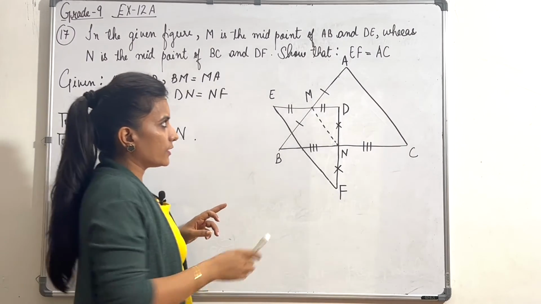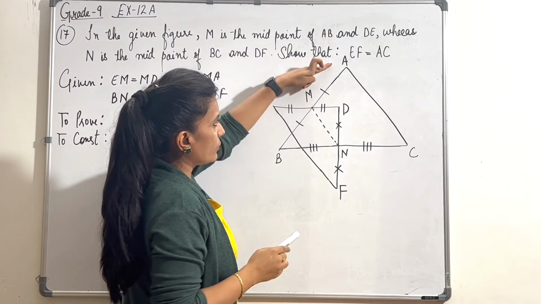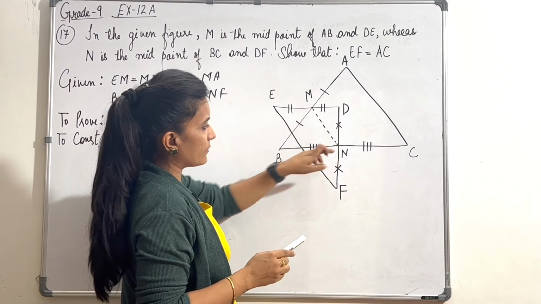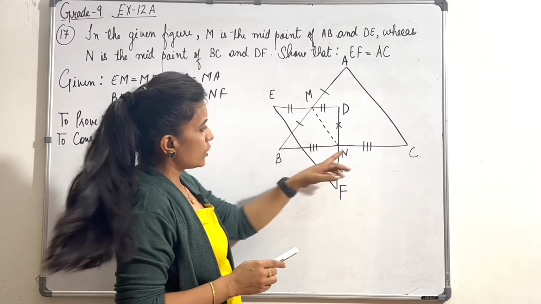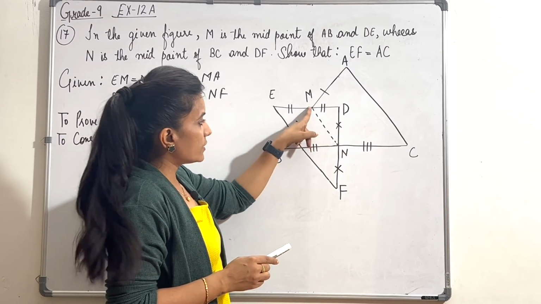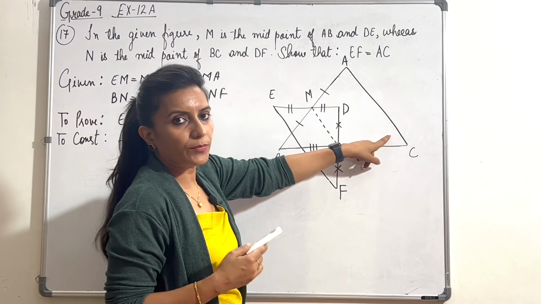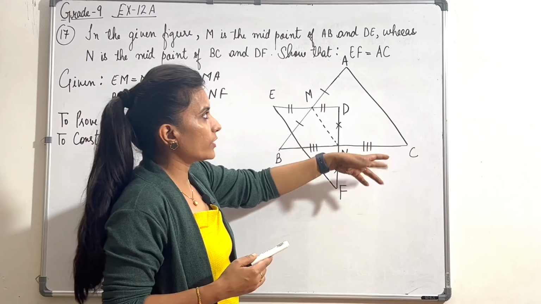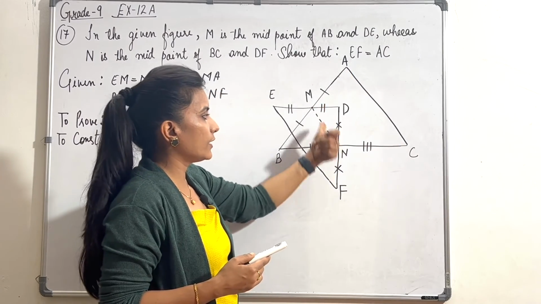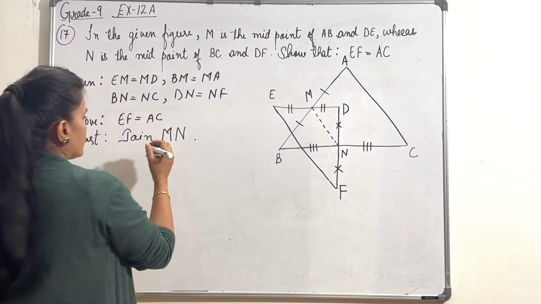See, if we take triangle ABC, in this triangle, M is the midpoint of AB and N is the midpoint of BC, correct? So MN is the line joining the midpoints, right? So this line will be parallel to AC and it will be equal to half of AC, or you can say AC will be double of MN from the midpoint theorem. Okay, so let's write down this.